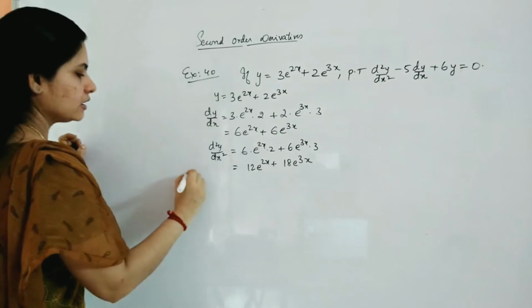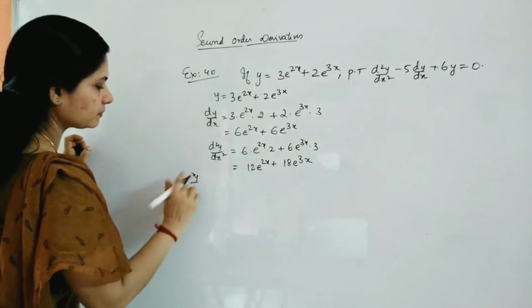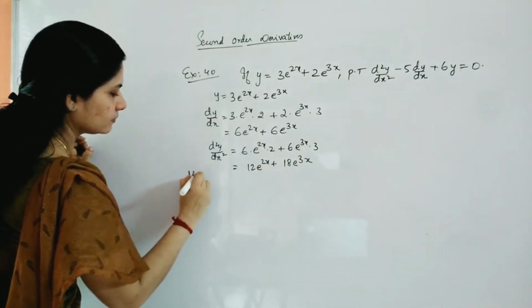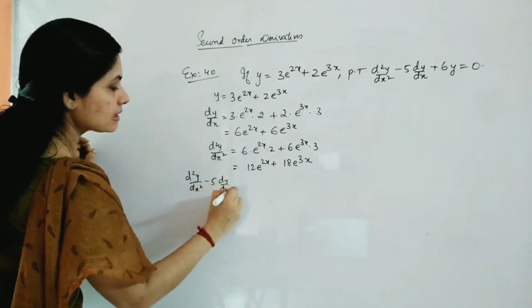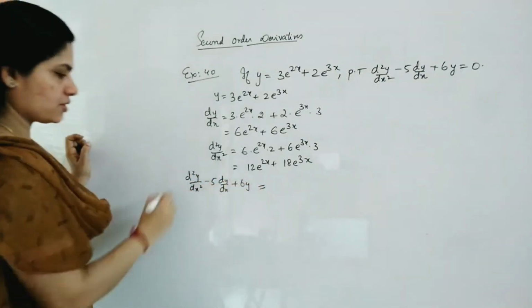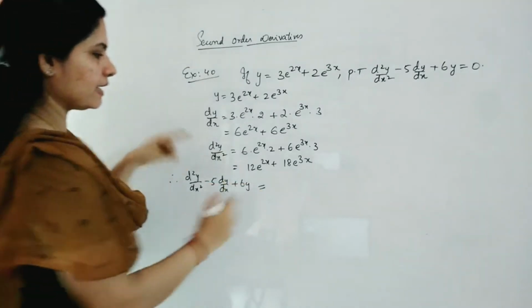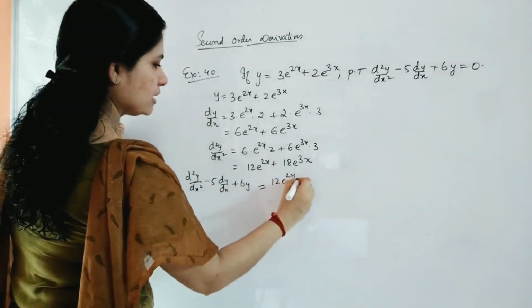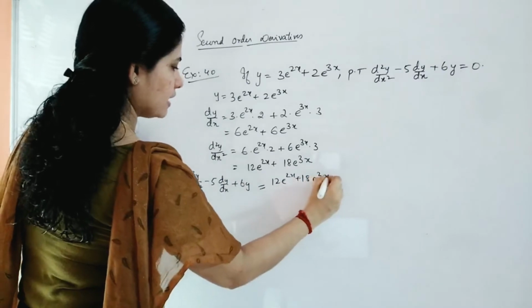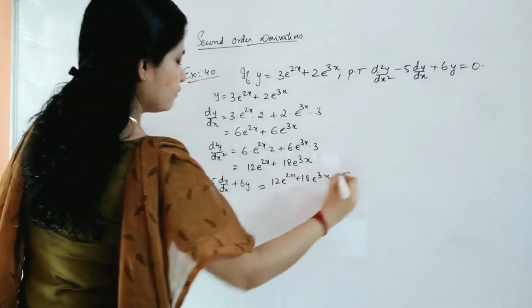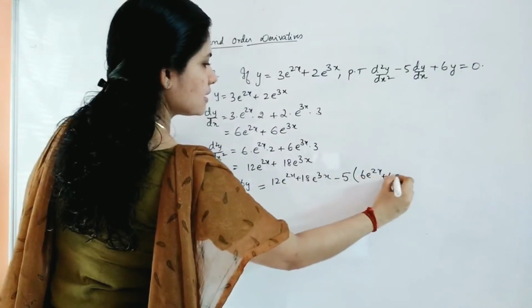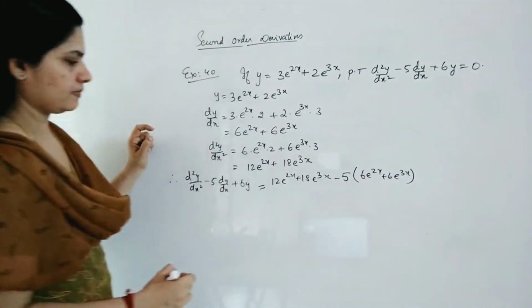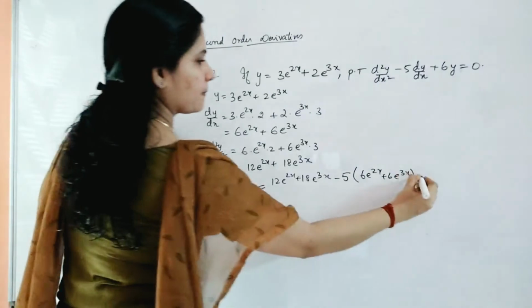So what we are doing, we are taking the left hand side of the prove that. So d square y by dx square minus 5 dy by dx plus 6y is equal to, replace the value, 12 e raised to 2x plus 18 e raised to 3x minus 5 into dy by dx, which is 6 e raised to 2x plus 6 e raised to 3x, plus 6y.